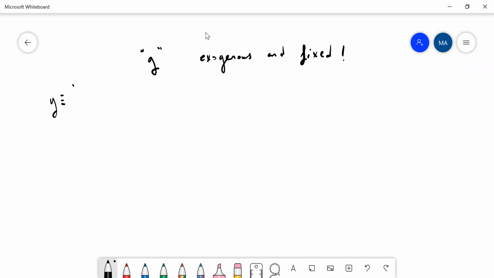By the way, let me just remind you that we denoted the output per effective labor in this way.